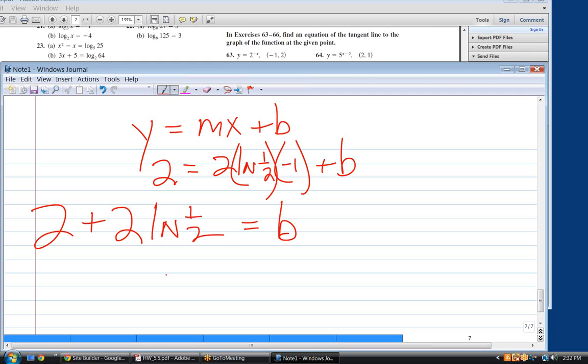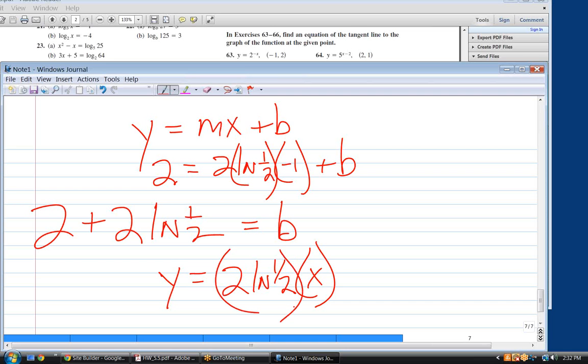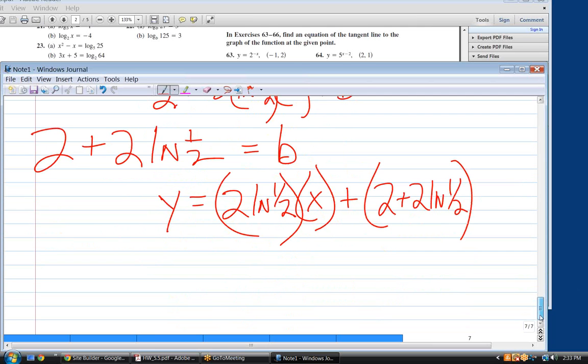Which means the equation of the line is y equals the slope, which was 2 natural log of 1/2 times x, plus the b value. As strange as that answer is, if you're not allowed to use a calculator, that's what you've got to come up with.